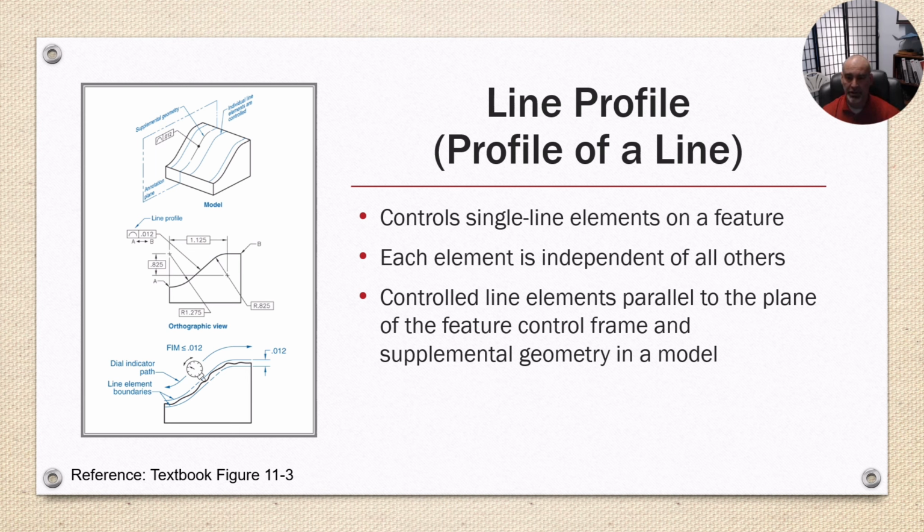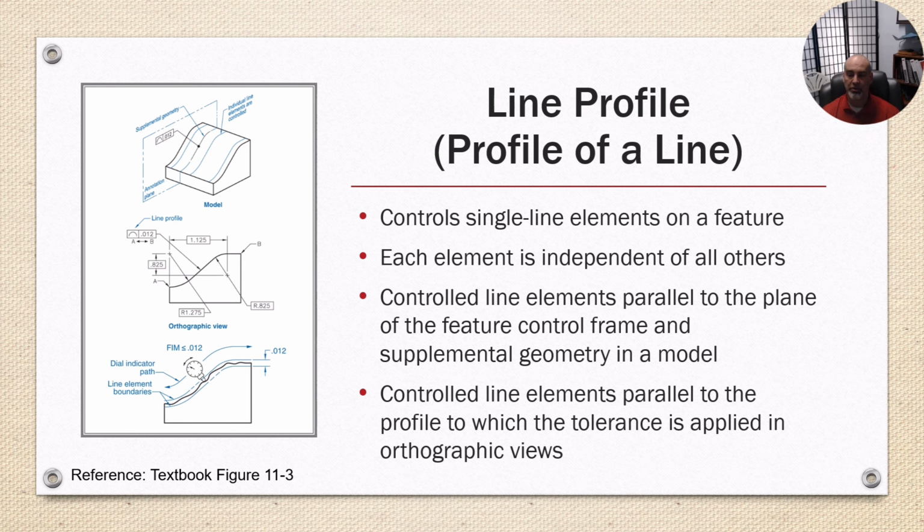Okay, and the controlled line elements are parallel to the profile to which the tolerance is applied in orthographic views. So if we look at this to check it, you'd have to run an indicator over it following the same path, and it can't vary more than 12 thousandths in this case.